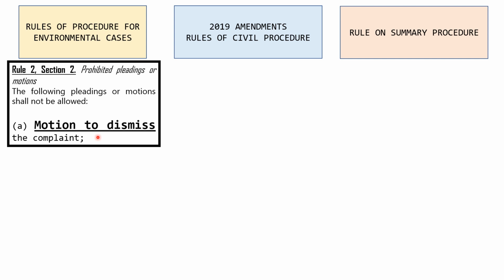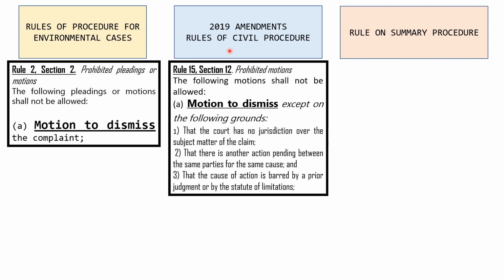In fact, pag tiningnan mo, lahat ng motion to dismiss the complaint not allowed. And if you're going to compare that to your Rules of Civil Procedure under the 2019 amendments, is it the same? More or less, the same. Kasi motion to dismiss is also not allowed under Rule 15 Section 12, but there is an exception. If you have these 4 grounds, then you can file a motion to dismiss in your ordinary civil case.